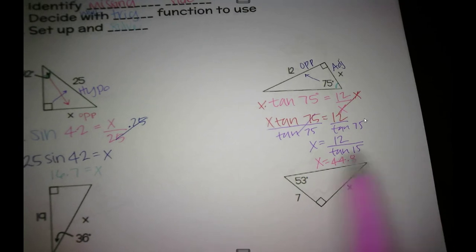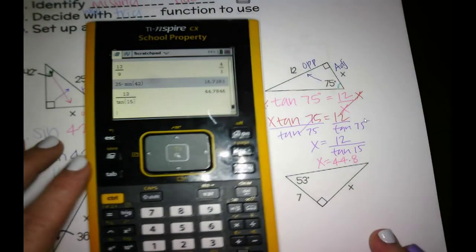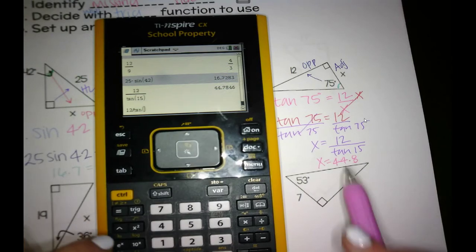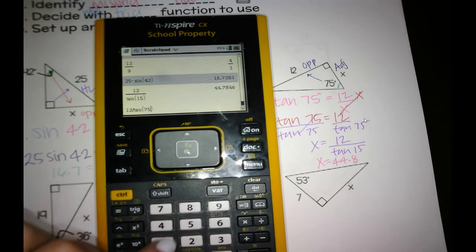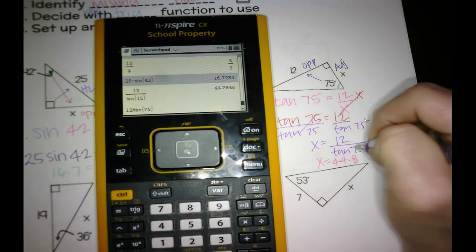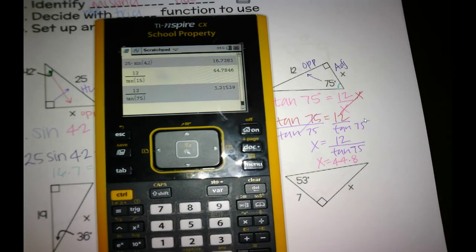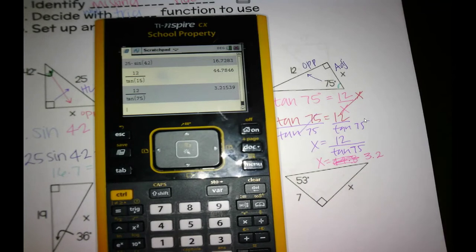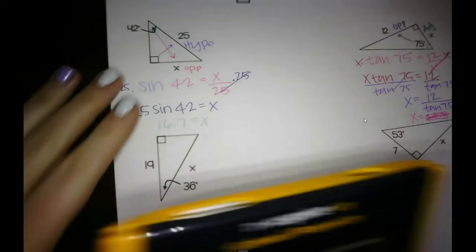Oh, why do I have 15 degrees? 12 divided by tangent of, that is a 75. No wonder that looked weird. 75. So just getting here, it's 3.2, x equals 3.2. I don't know where I got 15 from. All right.